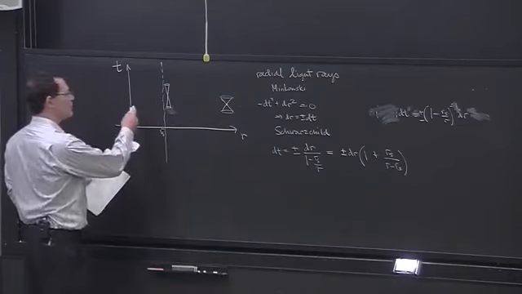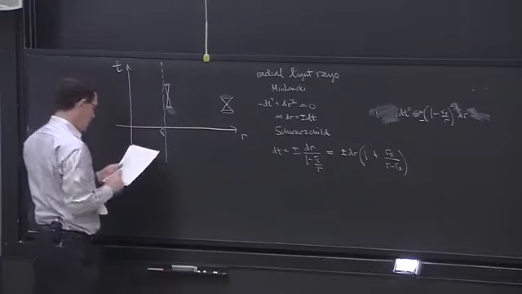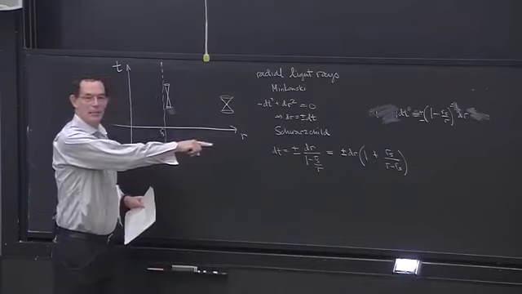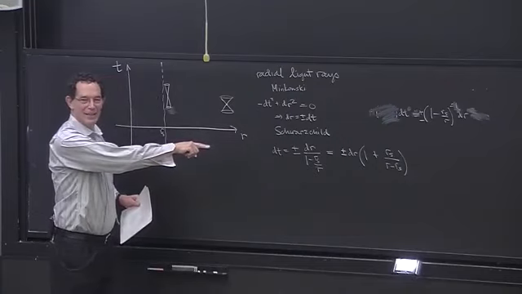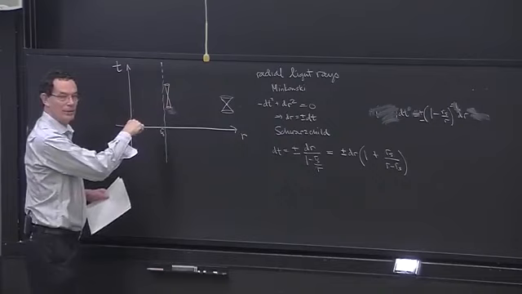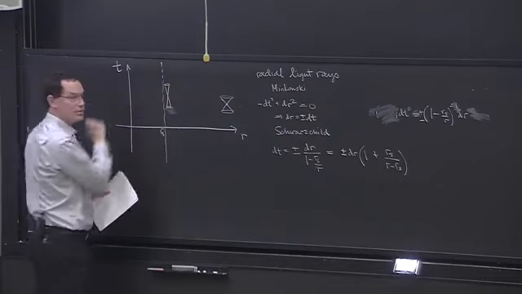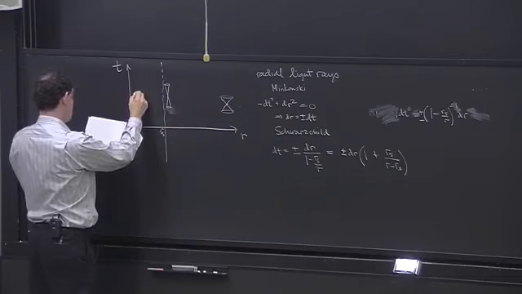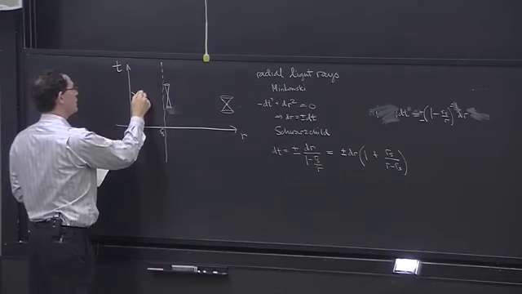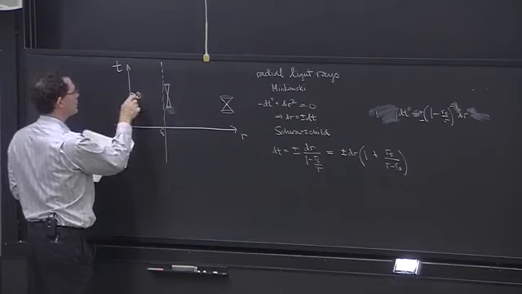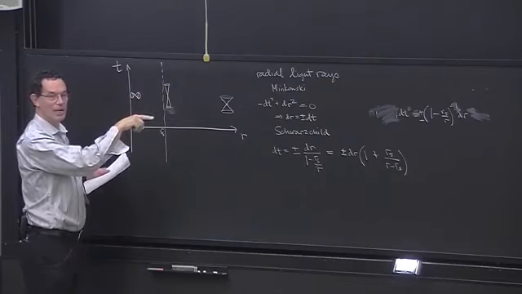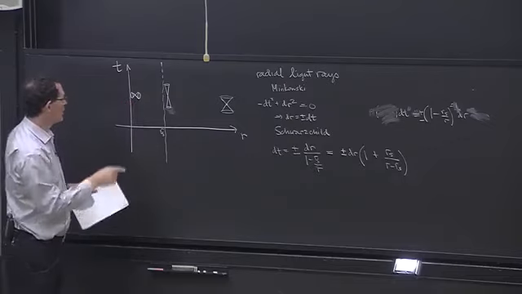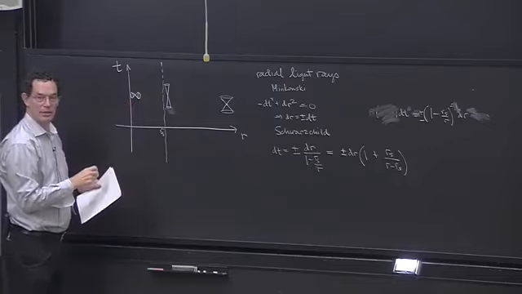Now, conversely, if we start on the inside, if r is less than Rs, r is the time, and t is the radius. So when I draw my light cone on the inside, one of the points of the light cone is to distinguish the time-like from the space-like directions. And inside r equals Rs, r is the time-like direction.